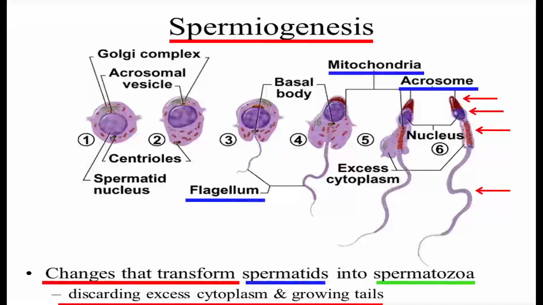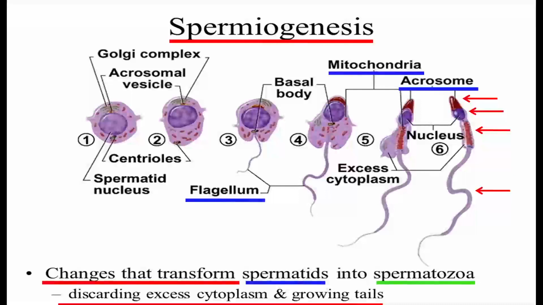Now, if you go to figure 5, you will find that the acrosome is about to take the final shape on top of the nucleus, the very front end of the head. And if you go down the nucleus, you see that there is a stack of mitochondria.